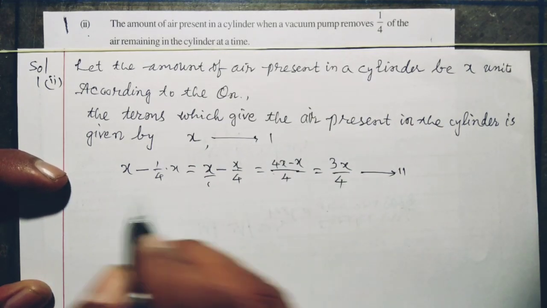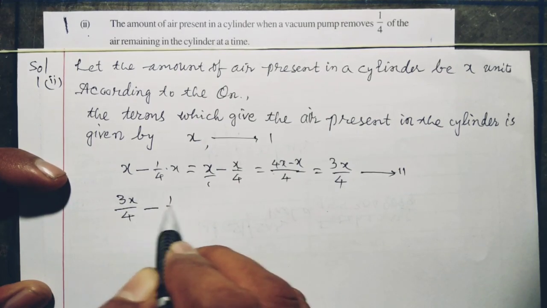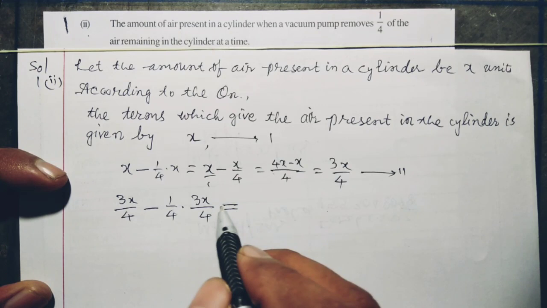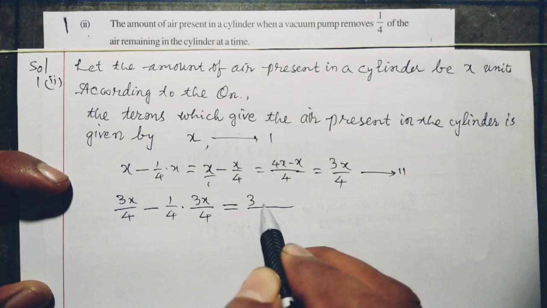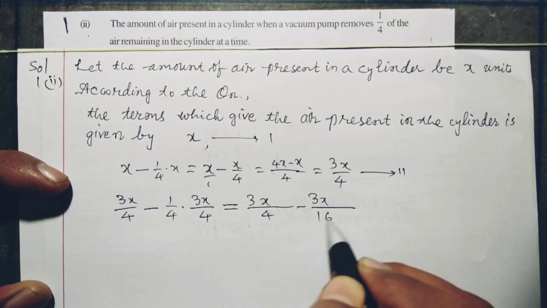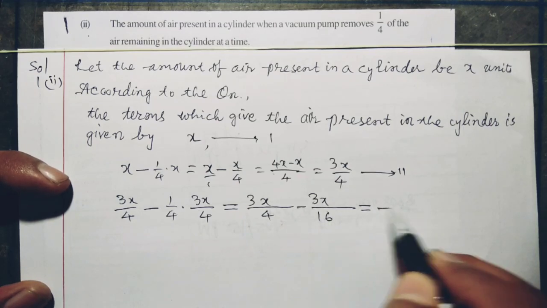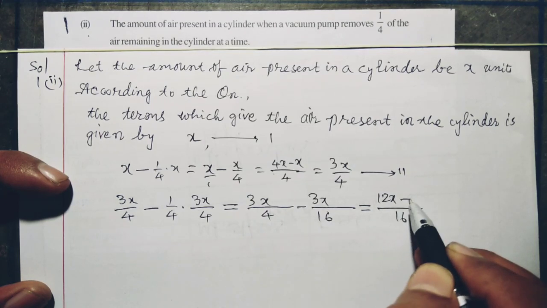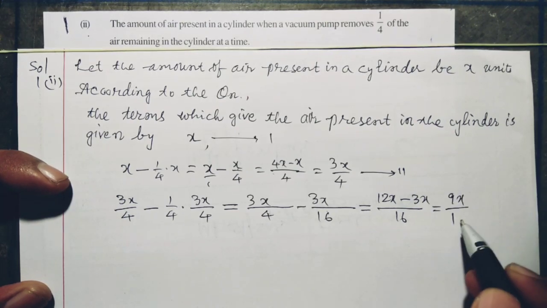Next, 3x by 4 minus 1 by 4 of 3x by 4 is equal to LCM 16, 3x by 4 minus 3x by 16, 4 4s are 16, 4 3s are 12, 12x minus 3x is equal to 9x by 16.